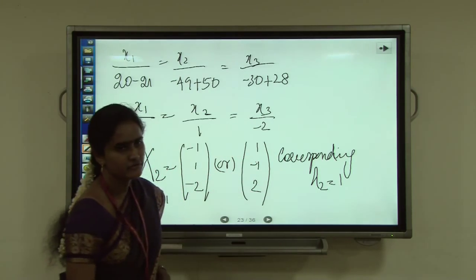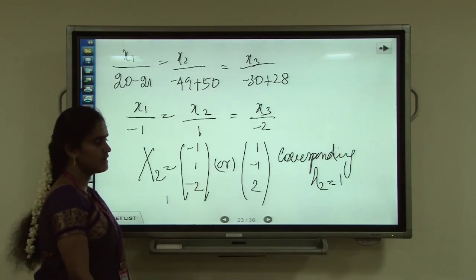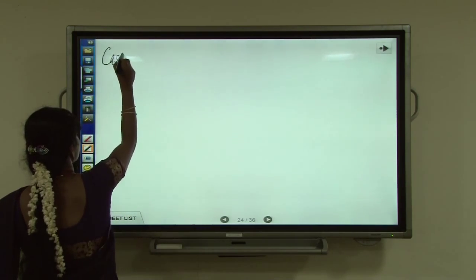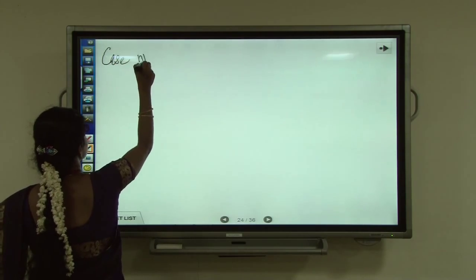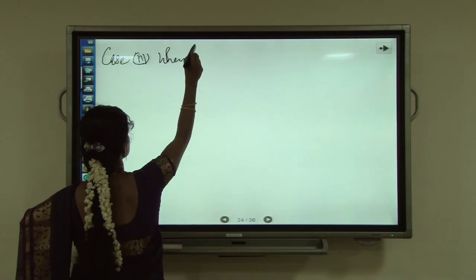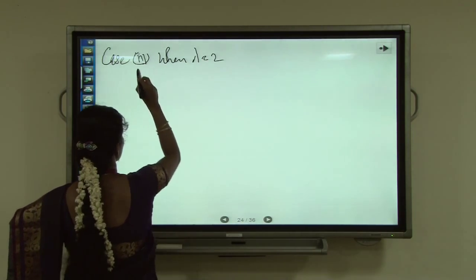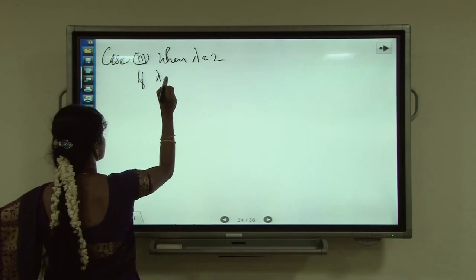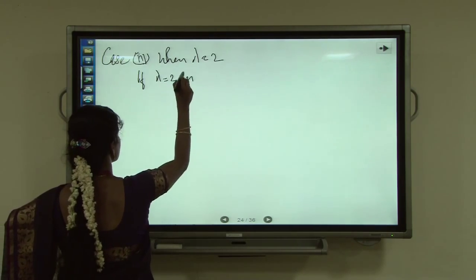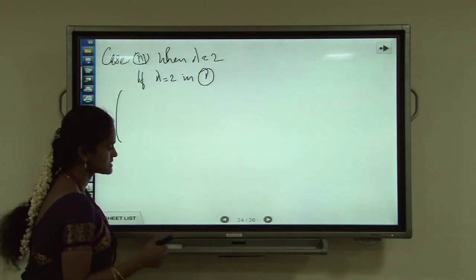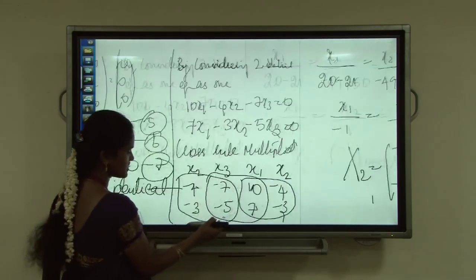So similarly we have to do it for lambda 3, that is equal to 2. So let this be case 3, when lambda is equal to 2. If lambda is equal to 2 in the first equation, again we have to write 11 minus 2.